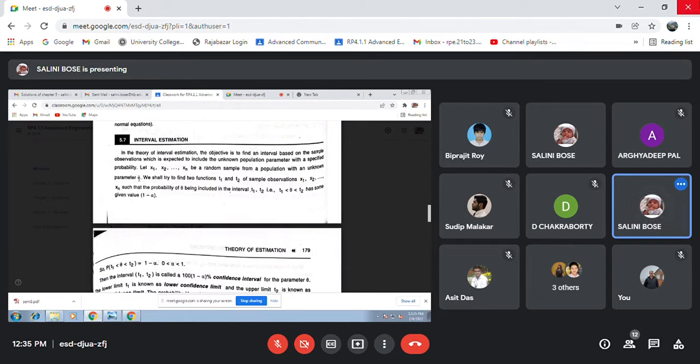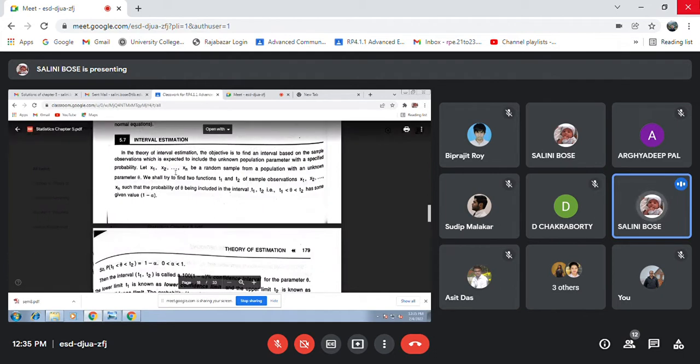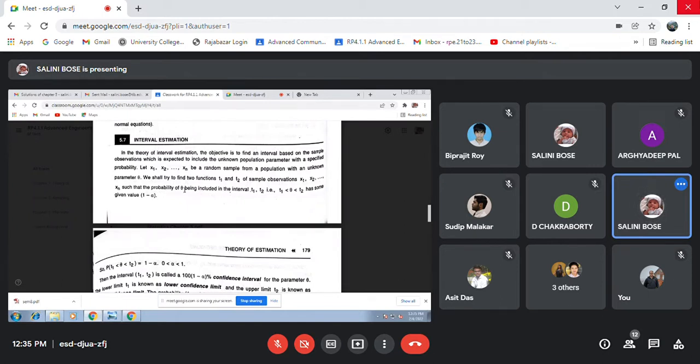So in interval estimation, we consider two functions, suppose T1 and T2, and both are functions of the sample variables. Then if the population parameter is theta, which is unknown, it may lie inside this interval of T1 and T2, and the probability of this interval of T1 and T2 containing theta will have some value, that is 1 minus alpha.